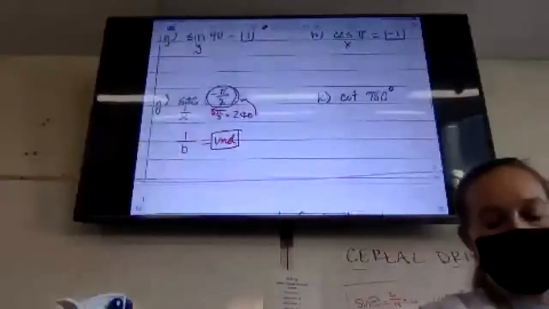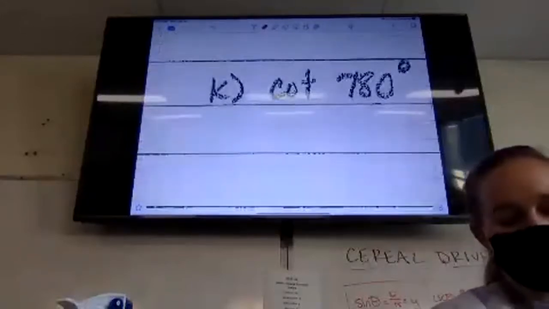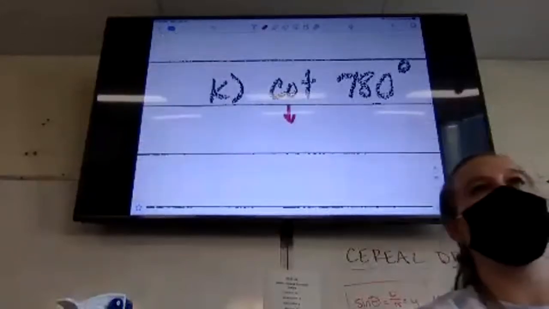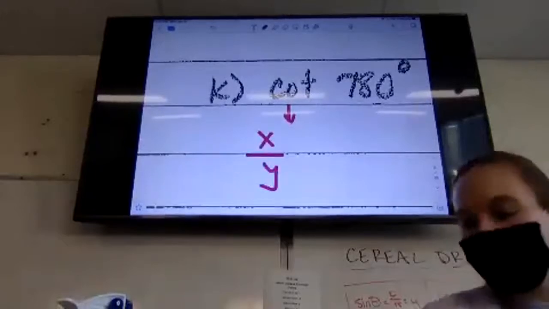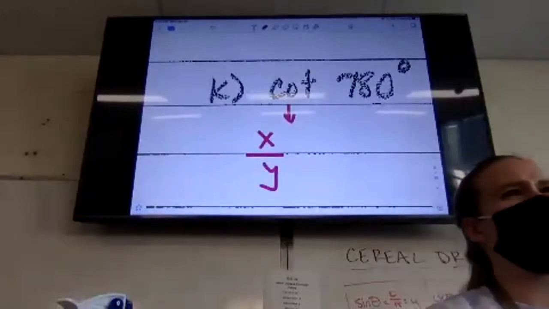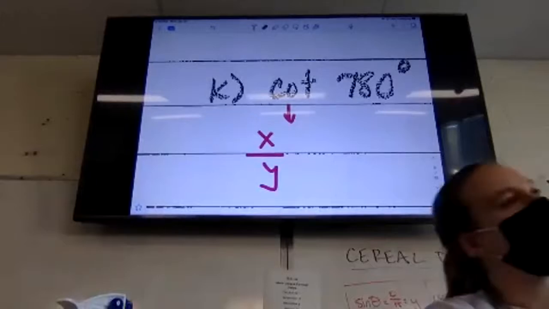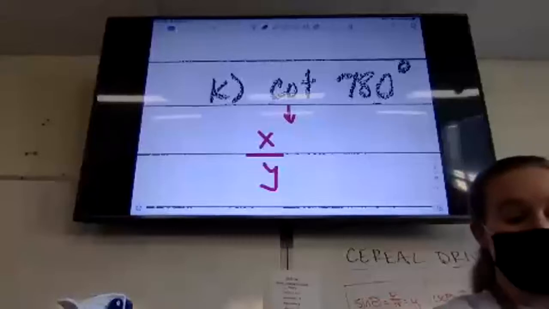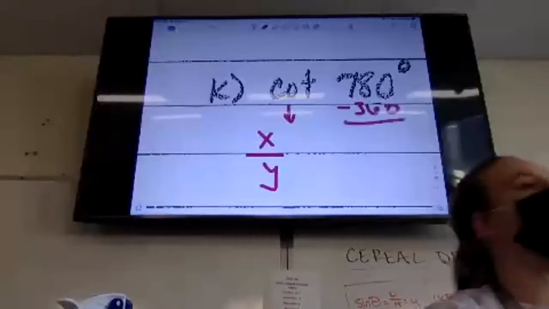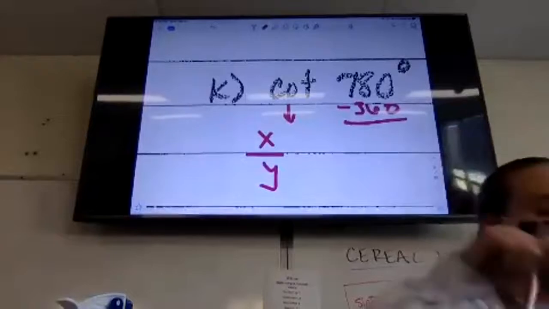All right, next I've got cotangent of 780. Let's do cotangent first. What is that in terms of X and Y? X over Y, very good. Now, 780, is that on your unit circle? How do we get it? I think it's 2 full times around. So if I minus 360, 360 is 1 time around, or like 2 different pies.